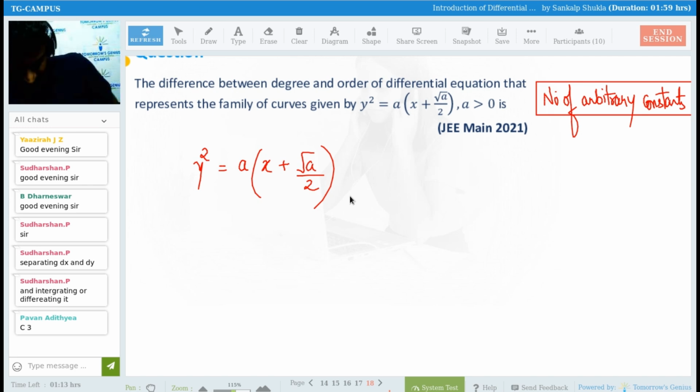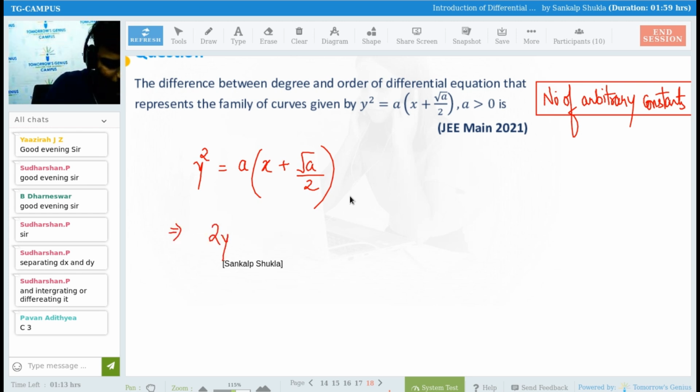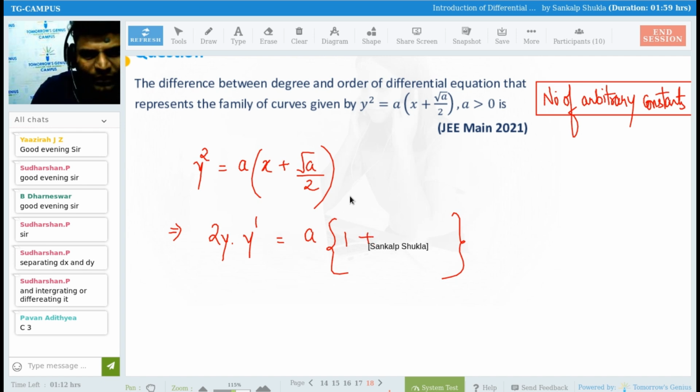Since we have only one arbitrary constant, we have to differentiate it one time only. So it will become 2y into y dash is equal to a into x plus root a by 2. That is only this, right? So this will be only a.